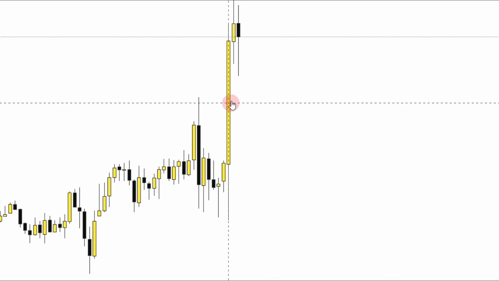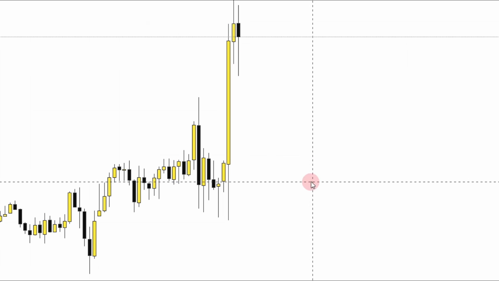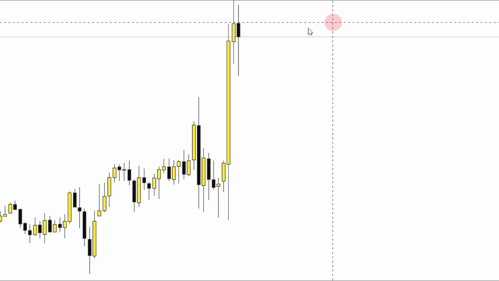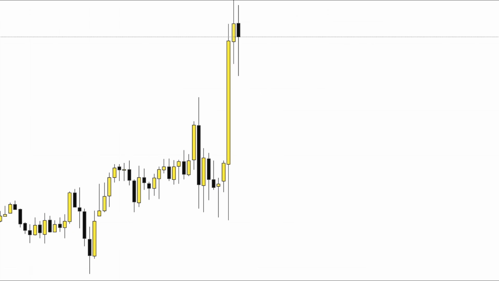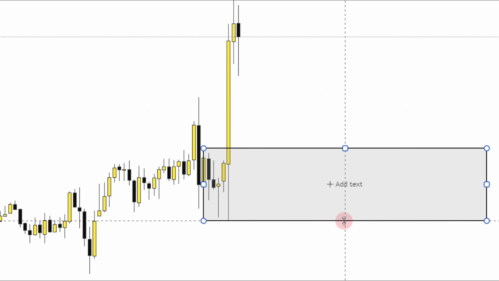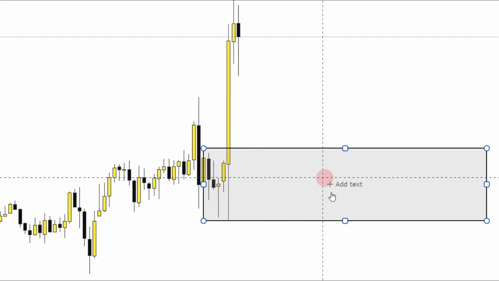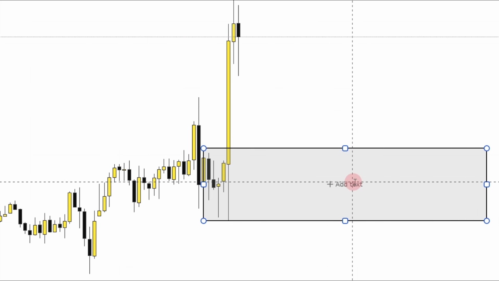The idea is that there will be a potential pullback to this zone before the market continues to move to the upside. So when you mark this zone here with the wicks like this, we anticipate that price might come back to this zone before it pushes to the upside.